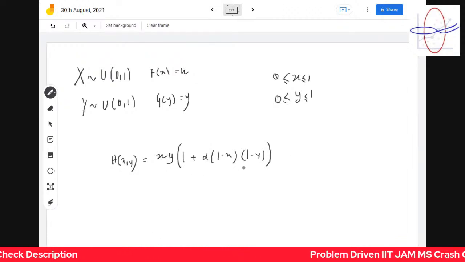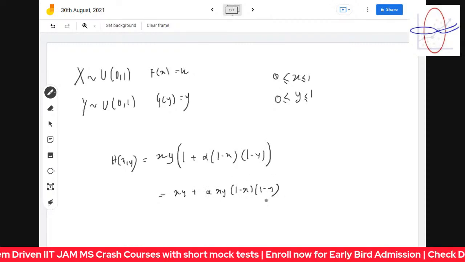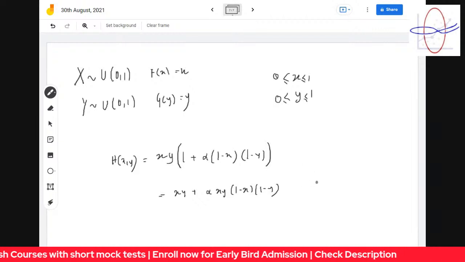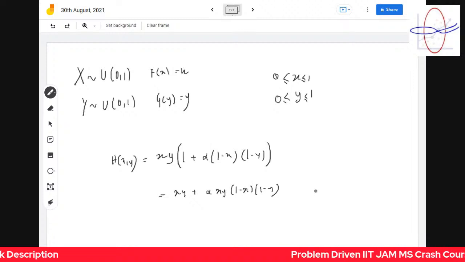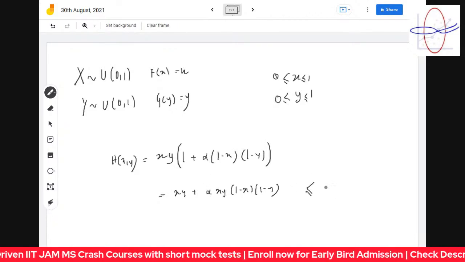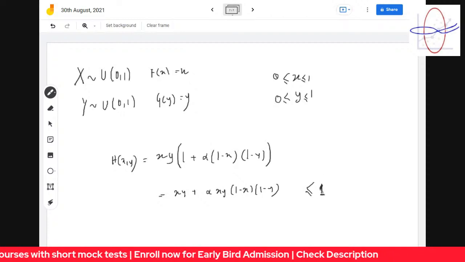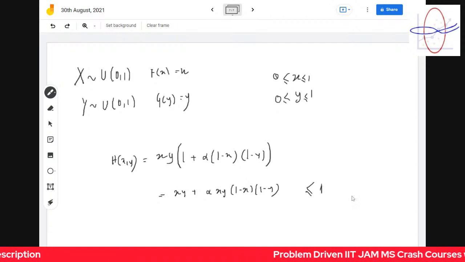So what we can do is some inequalities. Okay, so xy must be less than or equal to 1, and we need to have an upper bound of alpha.